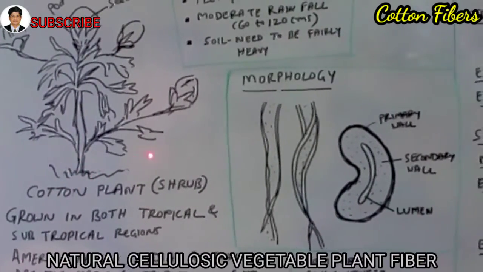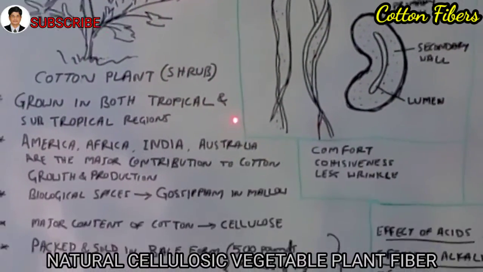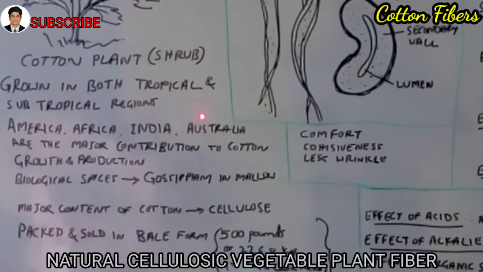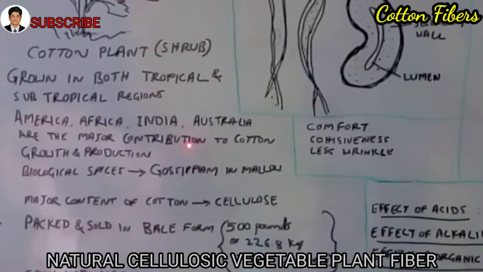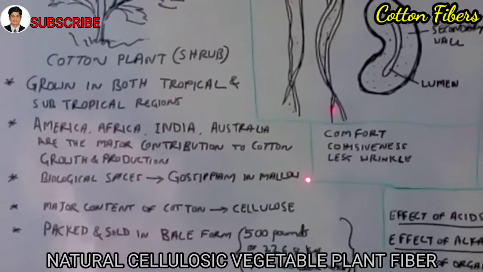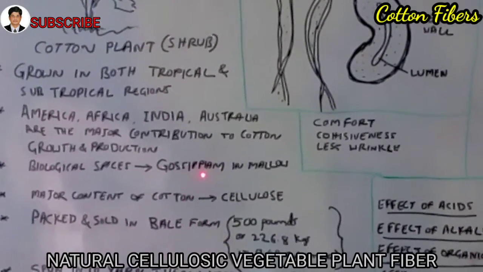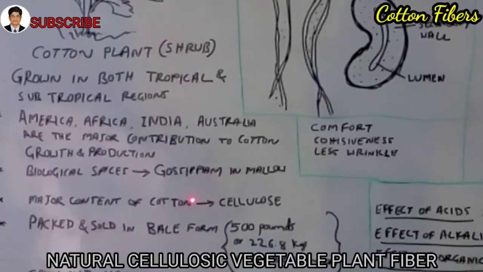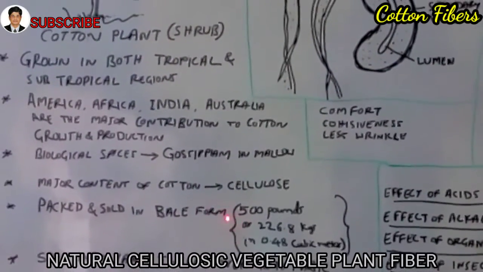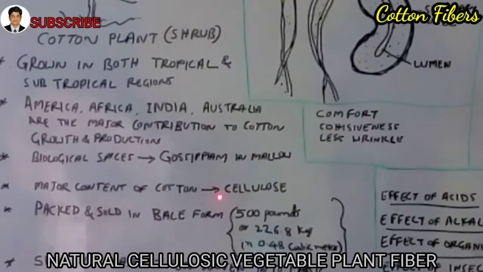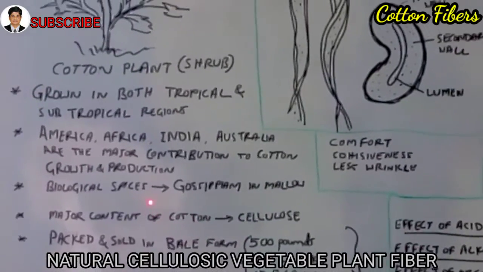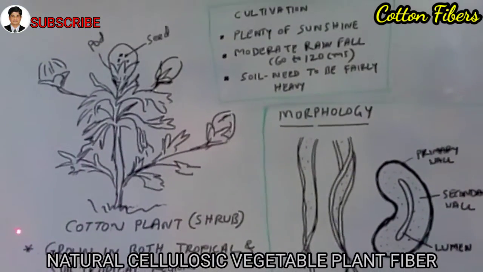Because of this substance cellulose, the cotton is in demand. It gives quality, comfort and other required properties of clothing. It is a natural, God-gifted fiber, the cotton plant.